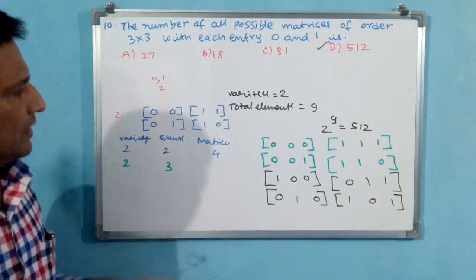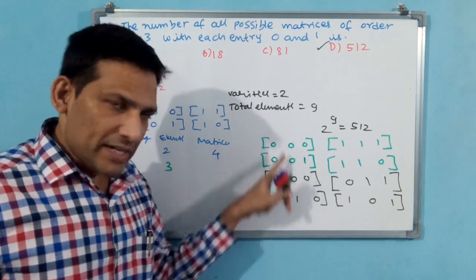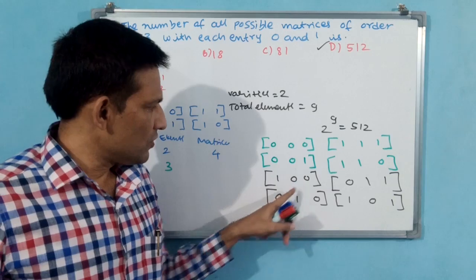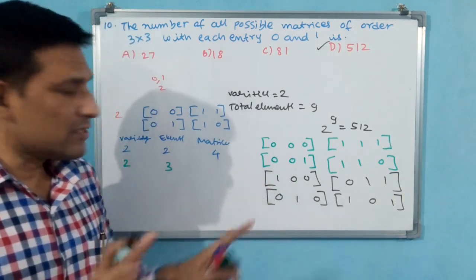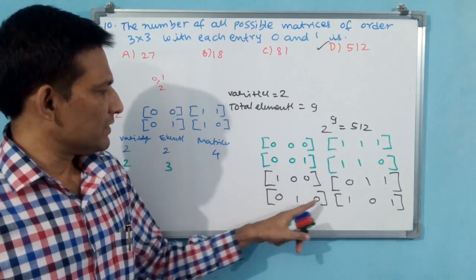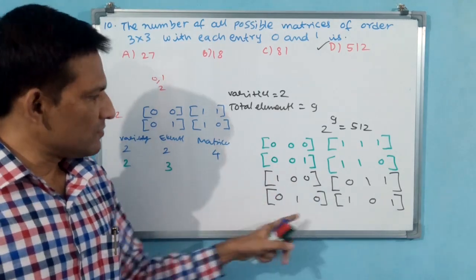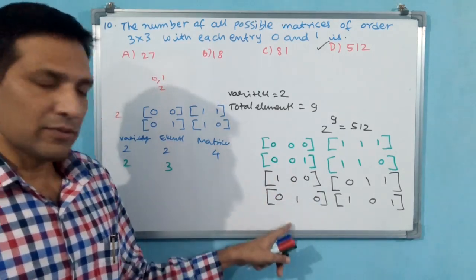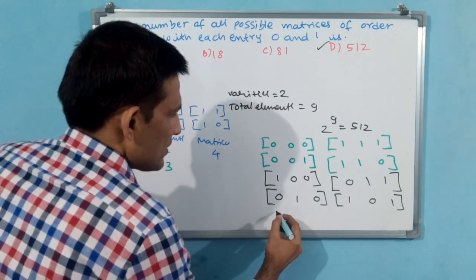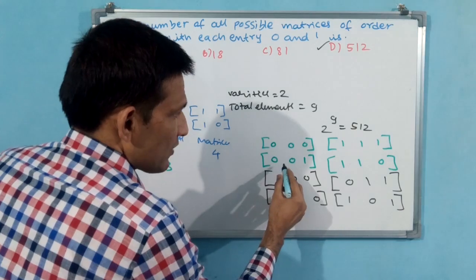All 0, first we consider 0. All zeros, then 2 zeros, 2 zeros, 2 zeros. Then the 2 zeros option is over: first, second, third, first. Over. Now you don't have any other option for 2 zeros. Then 1 zero is their chance. Write down 1 zero.